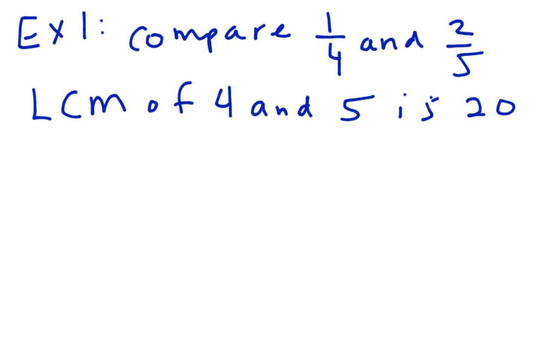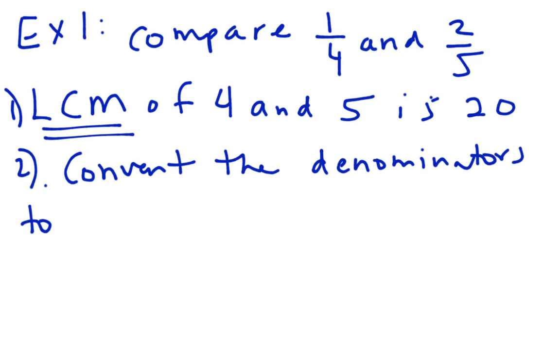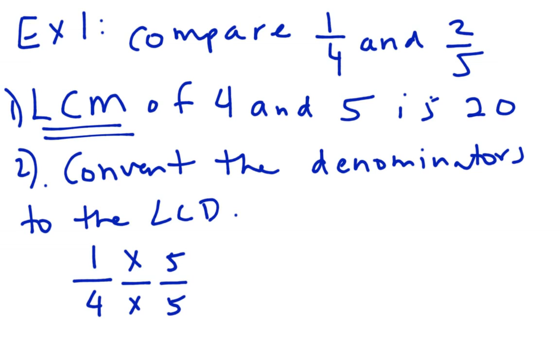Now, once you figure out the lowest common multiple, the second step is to convert the denominators to the lowest common denominator. We do that by multiplying the top and the bottom, in this case of 1/4, by 5, because we know that to get from 4 to 20 we have to multiply by 5, so that's going to give us 5/20.